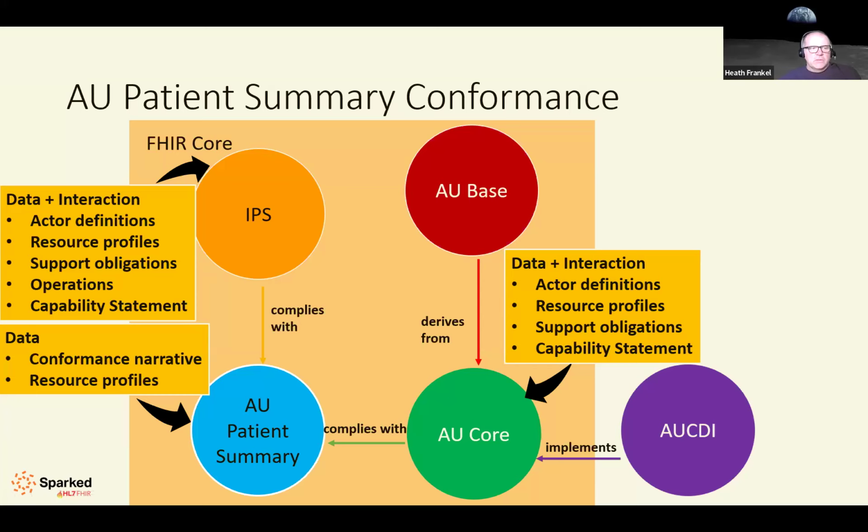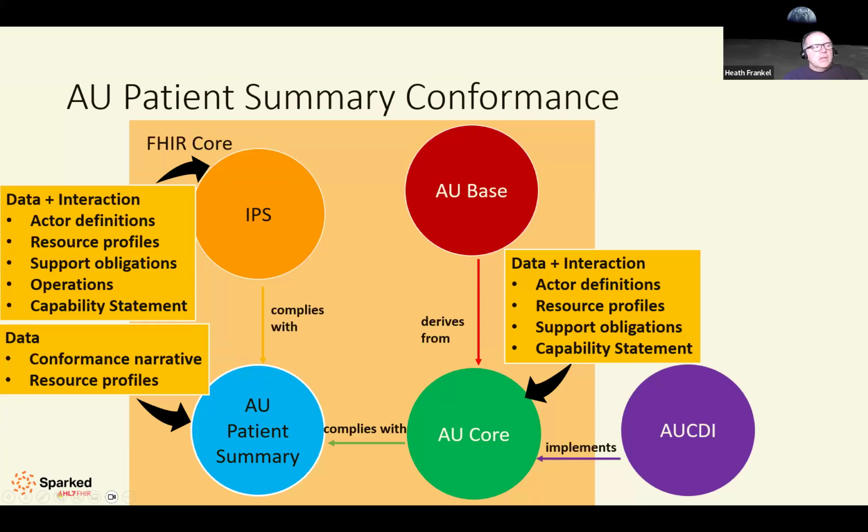They've got their resource types, their actor definitions, their profiles, we've got our support obligations, and capability statements, which give us both data and integration and interaction conformance capabilities. In IPS, we also have operations that are defined.